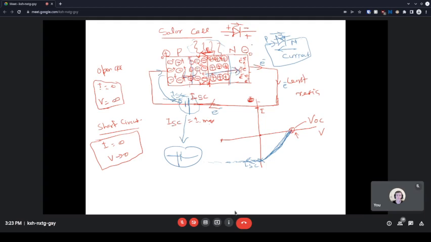The same situations created here are going to be created here, meaning excess holes are here and excess electrons are here. So in this case, you are pushing these electrons to move towards this direction. Then what will happen? It is going to become the same way, straightforward.